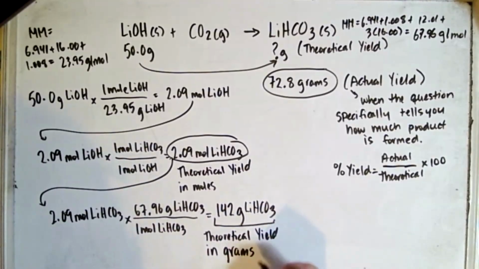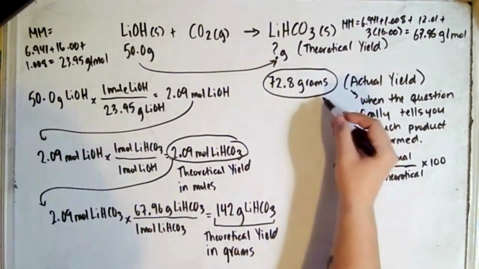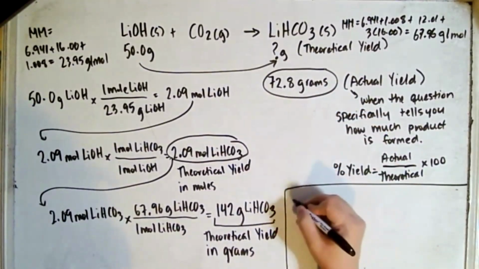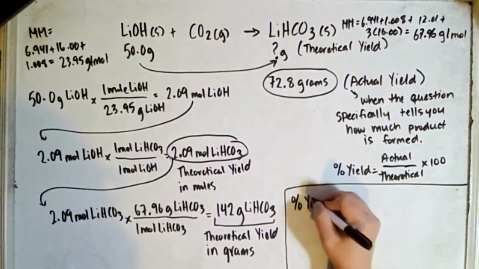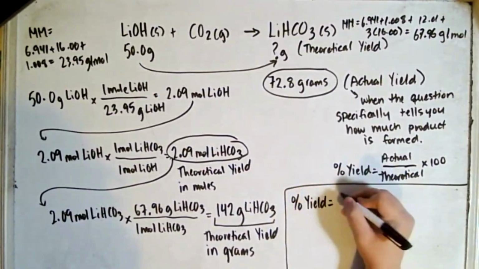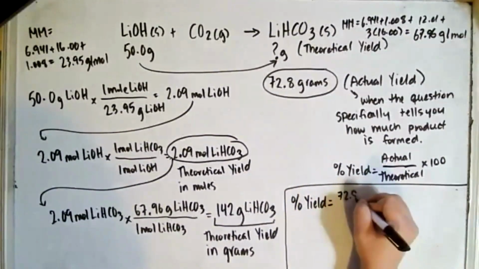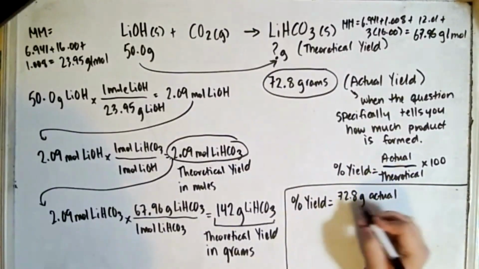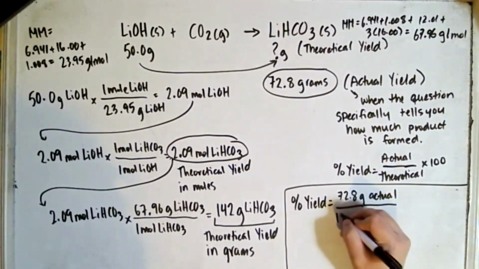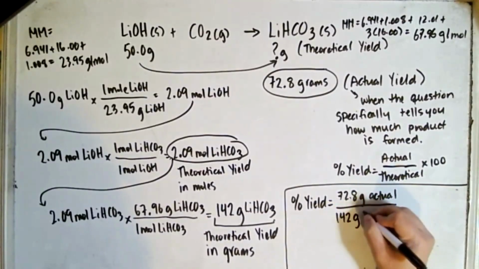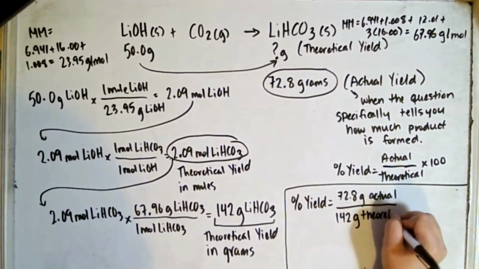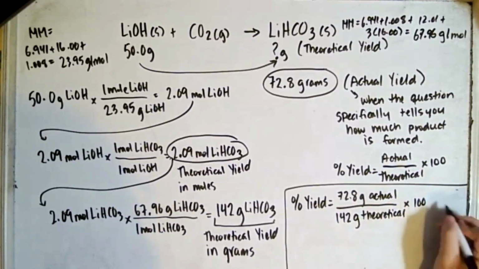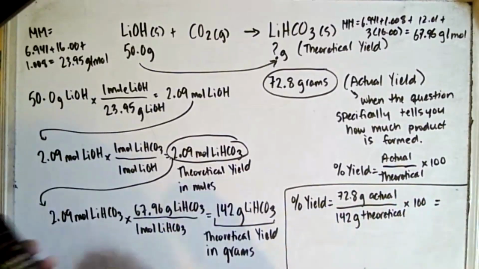Okay, so now I have my theoretical yield and I have my actual yield. So now I'm going to find my percent yield. So my percent yield is going to be 72.8 grams, which is my actual yield, divided by 142 grams, which is my theoretical, times 100.